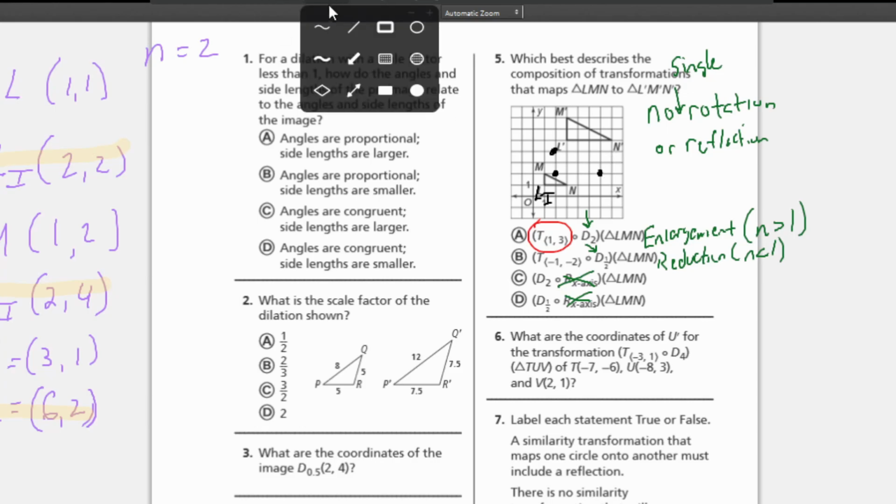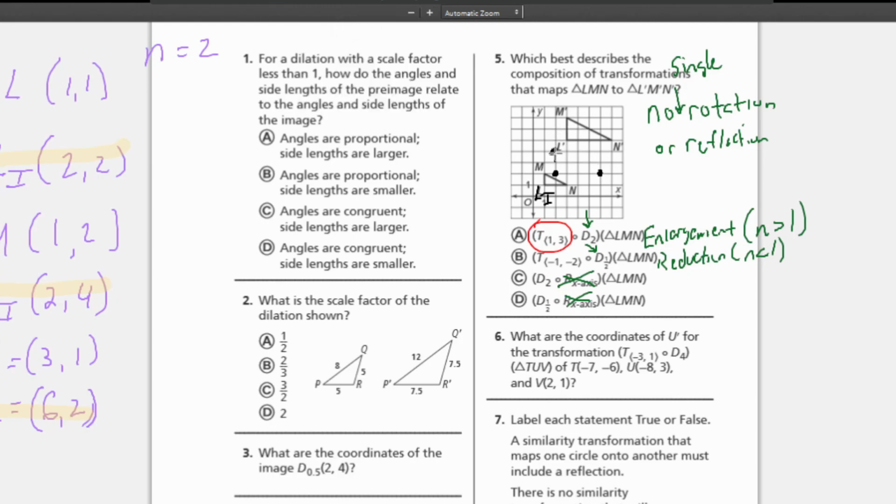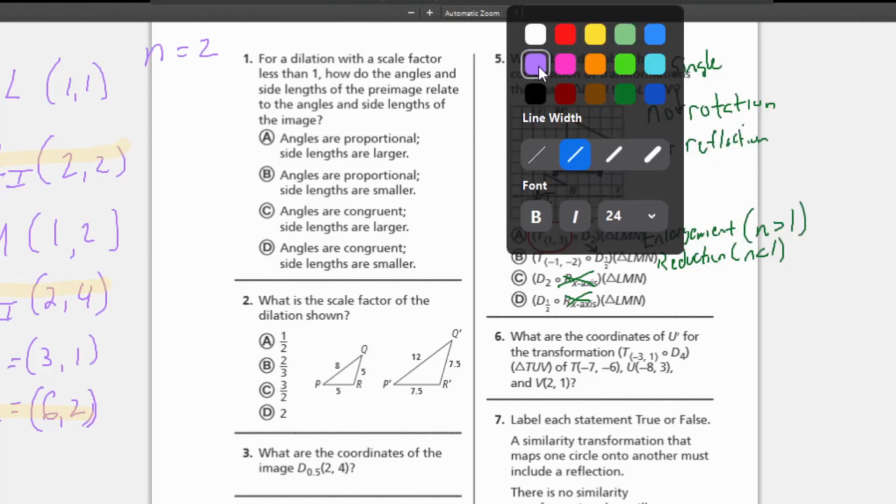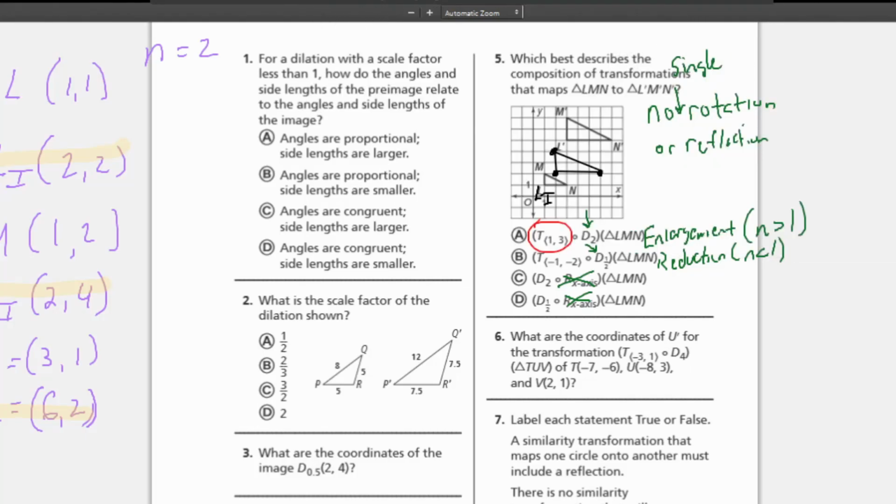Now already, I can see that this is going to be fitting our translation here much more nicely. I need to be able to go up 1 and over 3 to map either my L intermediate, my M intermediate, or my N intermediate onto.